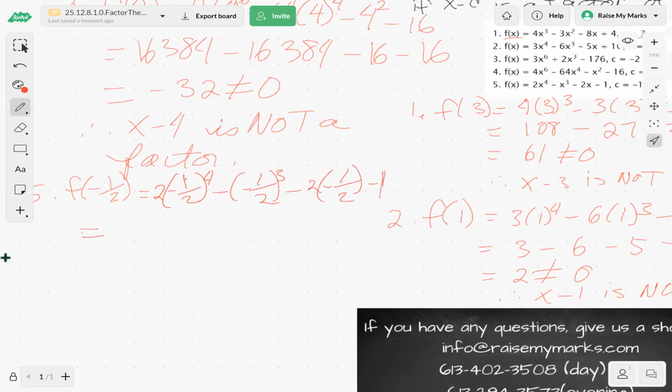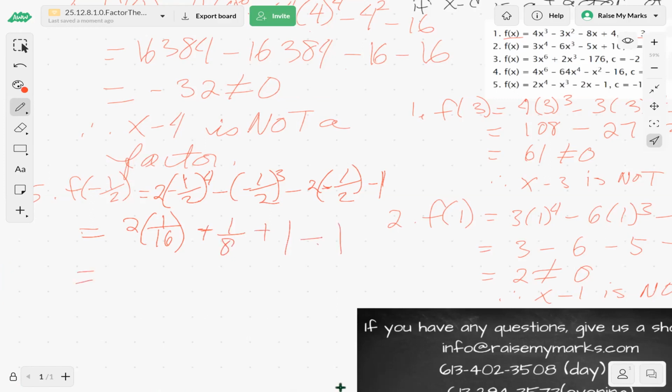All right, let's evaluate this. 2 times negative 1/2 raised to the power 4 is 2 times 1/16. Minus negative 1/2 cubed. That's negative 1/8. So we can write plus 1/8 times 2 times negative 1/2. Well, 2 negatives make a positive. Our 2's cancel out. We're left with 1. And finally, minus 1. All right.